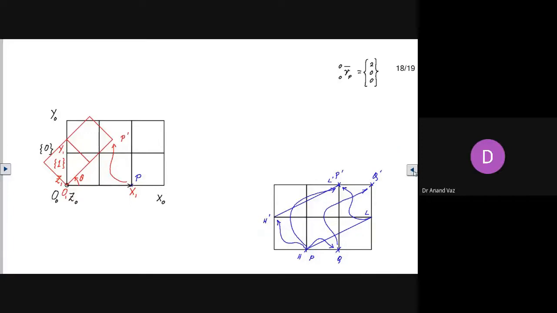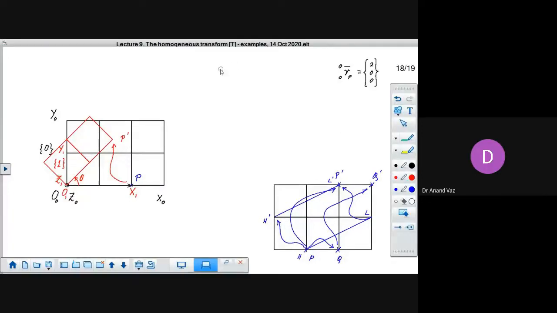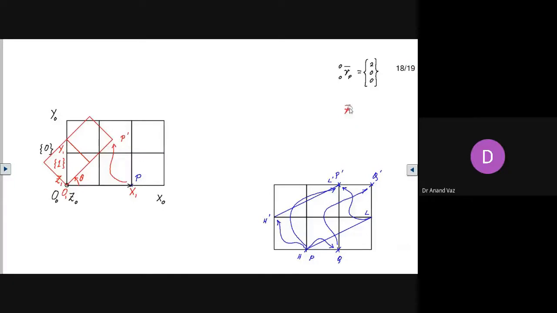So if we write this in terms of the frame 1, in the frame 1, it still continues to be 2, 0, 0. So in the frame 1, the position of the point P, which we write here as P dash, is just 2, 0, 0. This is the position vector.